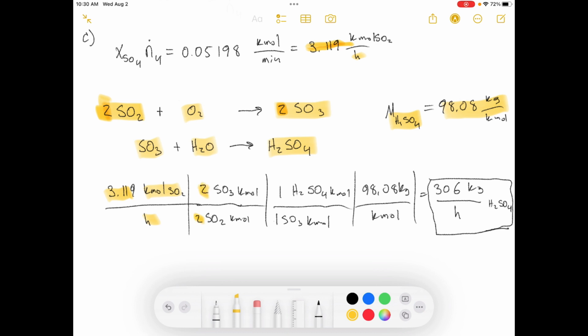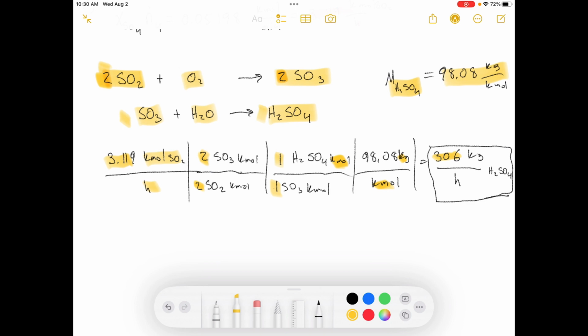So those cancel out. Then we have a 1:1 conversion ratio of sulfur trioxide to sulfuric acid. And then we can convert moles of sulfuric acid into kilograms of sulfuric acid. And we get that there are 306 kilograms of sulfuric acid per hour dumped into the surrounding atmosphere from this plant.